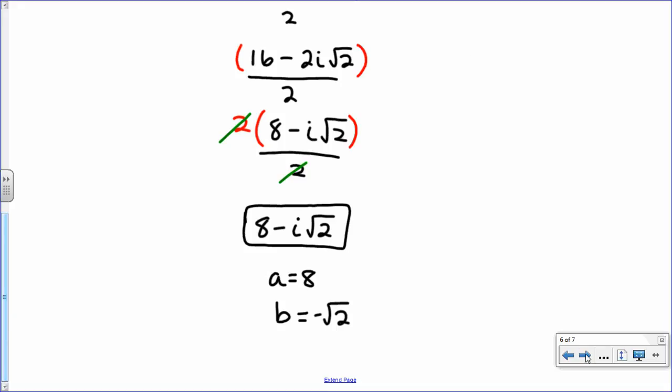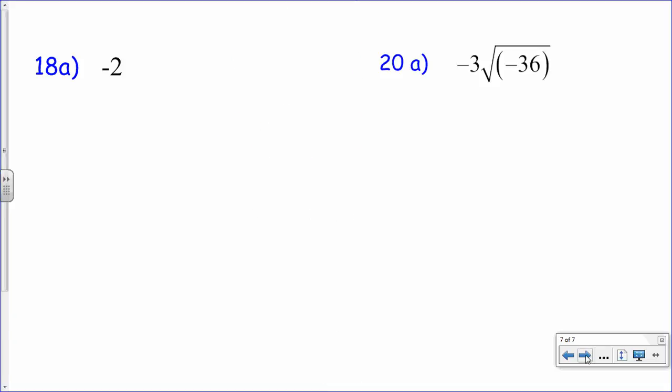Alright, we're going to look at a few others. Just a couple more. So, negative 2, that's just a real number. There's no simplifying that you have to do. There's no radical or anything there. But we're supposed to write it in a plus bi form. So the real part is negative 2.